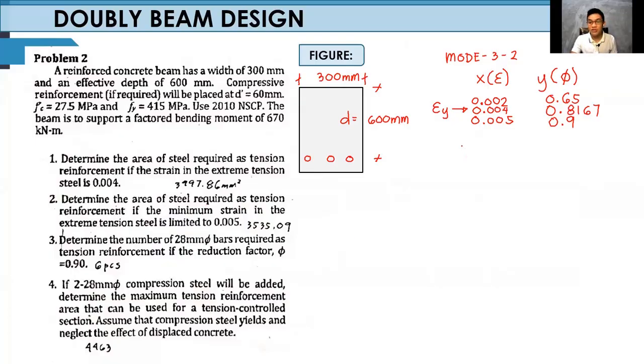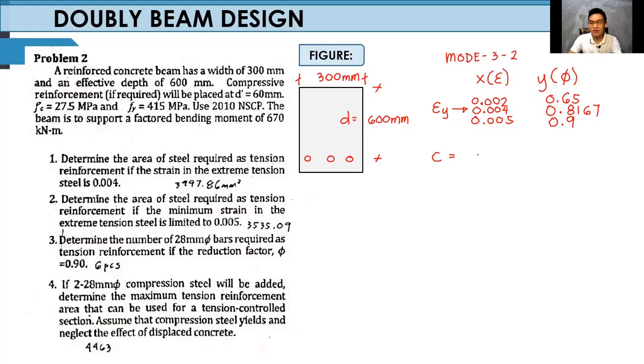Okay. So, next thing is, di ba, hahanapin natin yung area ng steel required. So, therefore, kukunin din natin si value ng c natin, yung small letter c, di ba? That c, your small letter c, that is your length from our topmost fiber papunta kung saan nag-zero yung ating strain, di ba? So what is the formula for that one? Sabi dito is, if the strain in the extreme tension steel is 0.004.